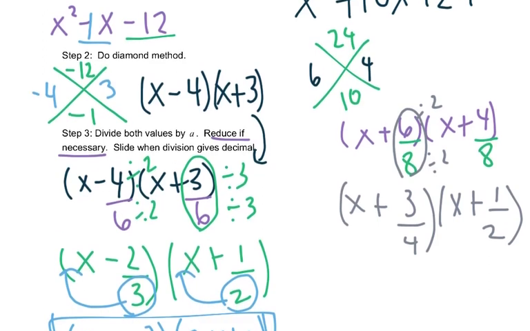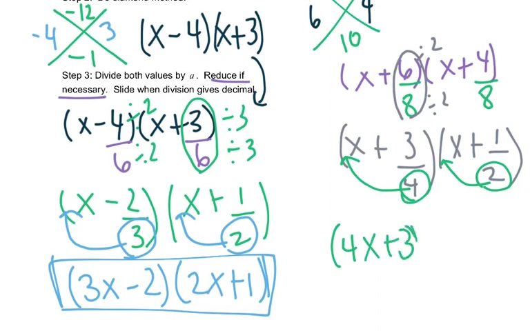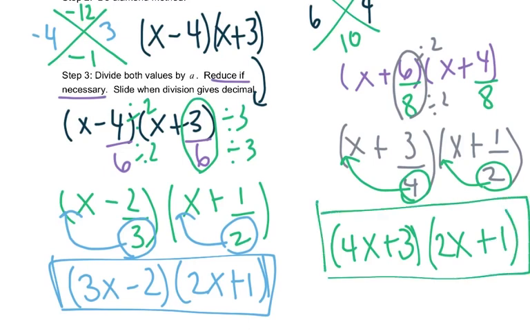And now, these are just going to give us decimals, so we actually need to slide both of these, okay? And we get 4x plus 3 and 2x plus 1. And then we are done.